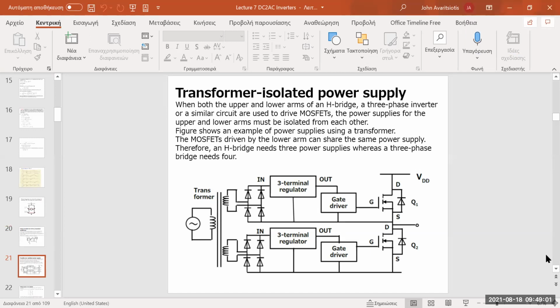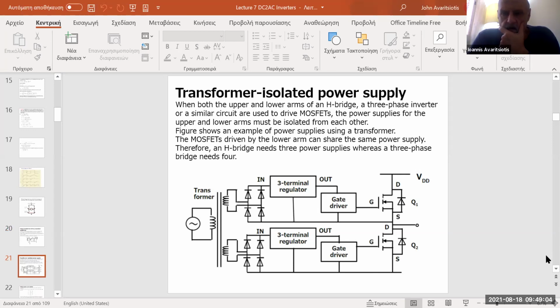Thank you. And again, going a bit further, as you can see here, we can use a transformer isolated power supply for these low voltages which are needed to switch on and off the 4 switches, 4 MOSFETs or 4 bipolar junction transistors existing in a bridge inverter.